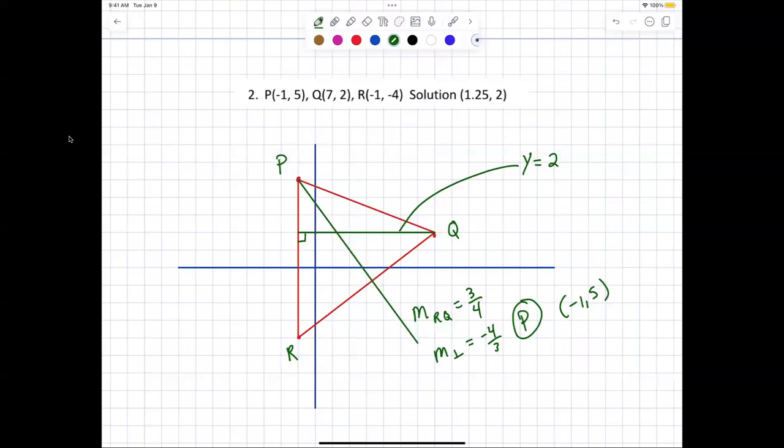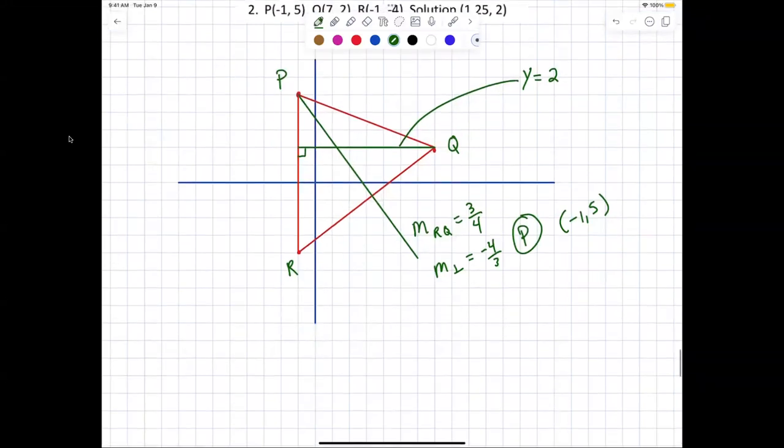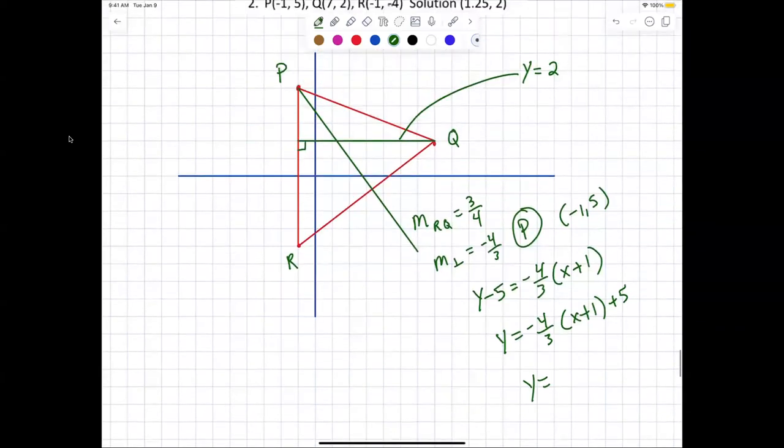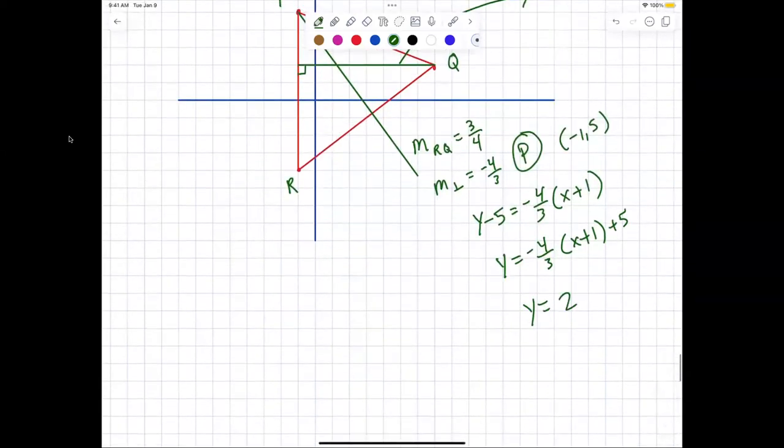Okay, so now write the equation of that line. The equation of that line is -4 thirds times x plus 1. Exactly. And now you can just type in on your calculator y equals -4 thirds x plus 1 plus 5, and y equals, what was the y equals 2? And find where those points intersect.